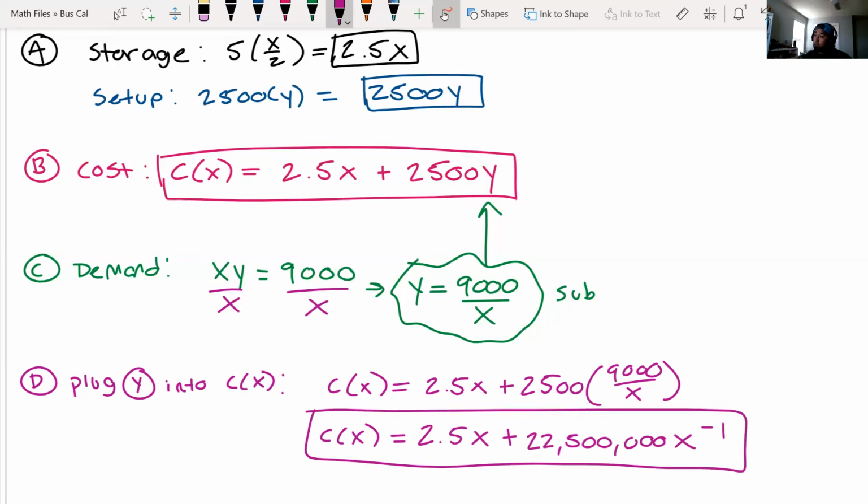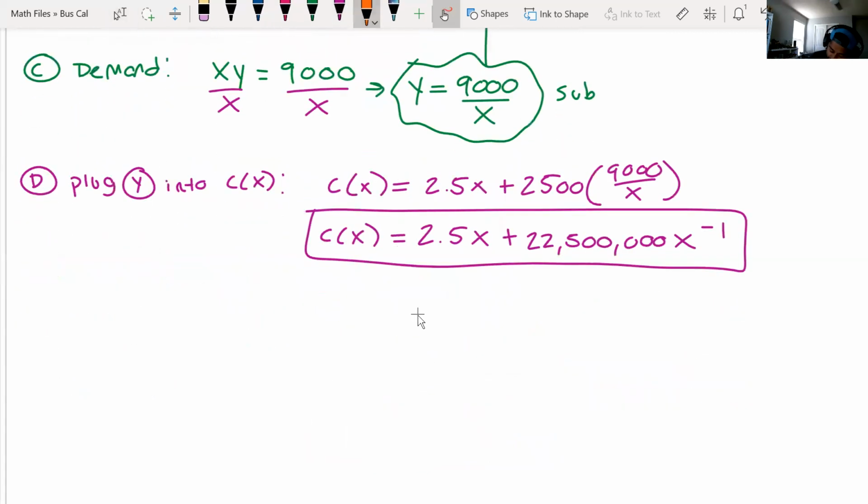There's our new cost function, all in terms of X. And now we optimize.